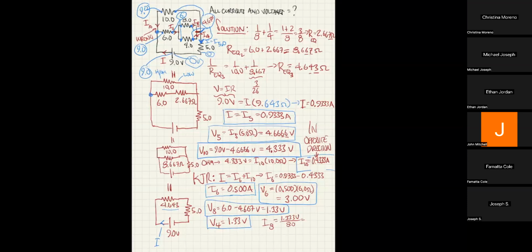And that gives me exactly what I hinted at, which was 0.1667 amps. Well, again, way more sig figs than is reasonable.